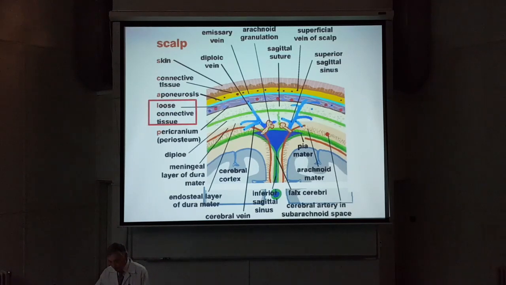Now, this is the loose connective tissue, and this is the story of emissary and diploic veins getting into the dural venous sinuses, converting extracranial infection into intracranial infection.